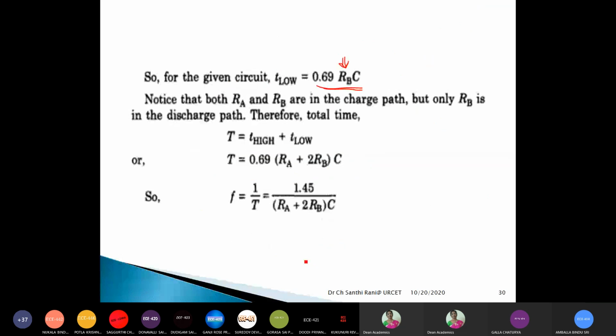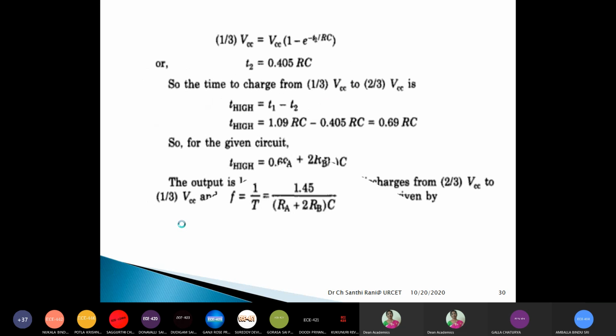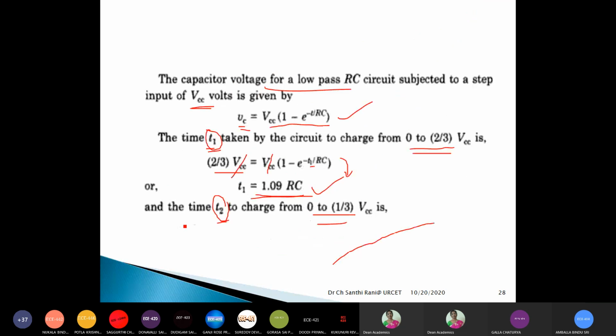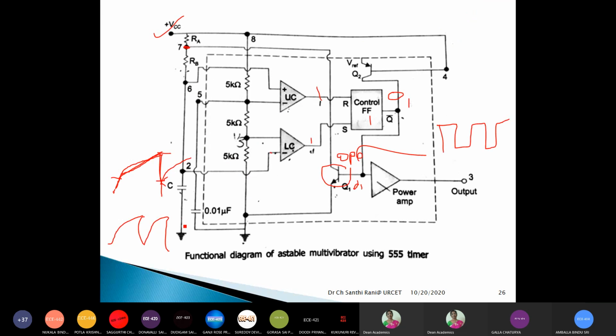Why RB, why not RA? I'm giving you a hint. You see the functional diagram. During discharge path, what are the resistors that are coming into picture? And during charging path, what are the resistors that are coming into picture? Just see the functional diagram. You just observe. When is output high, during charging process?